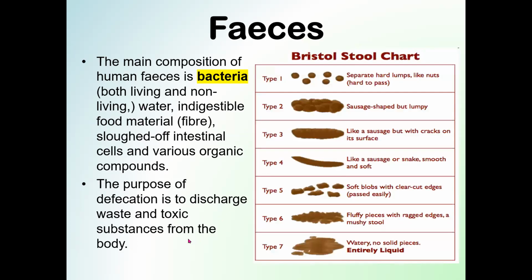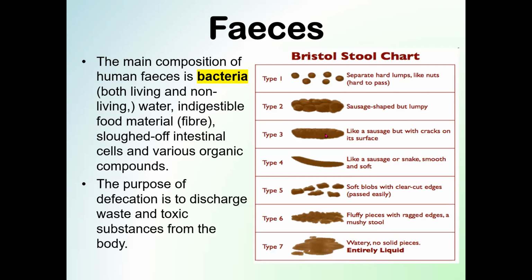And some time ago, I think at the University of Bristol, someone there came up with a stool chart. Now, stools is another word for feces. So if they're hard little lumps like nuts, they're called type 1. And you can go through each of these.